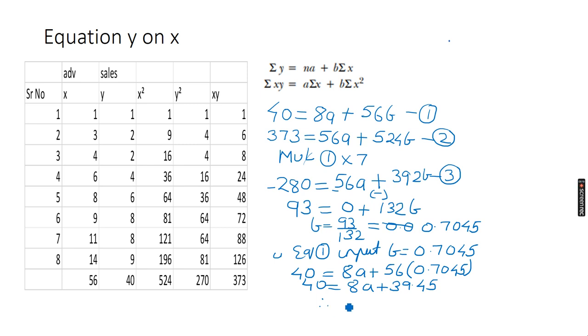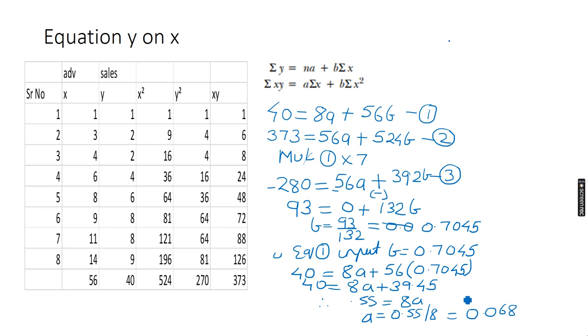Therefore if I take 39.45 on the other side, I would get an equation 0.55 is equal to 8a and a is equal to 0.55 upon 8, that is equal to 0.068.